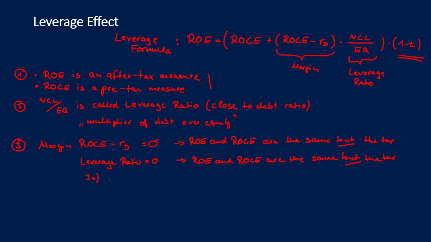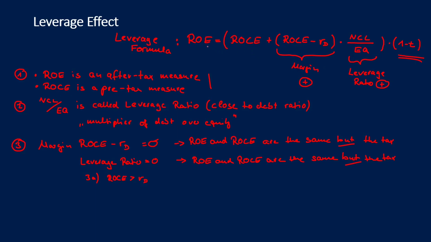Let us first assume that the return on capital employed exceeds the interest rate. And that is a healthy situation, of course. So let's pretend this is plus and leverage ratio is also plus. A positive number times a positive number will give a positive number.